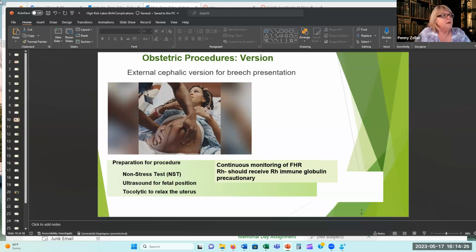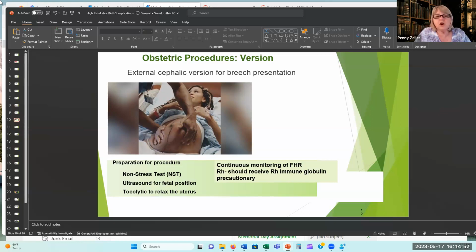Number one, she needs to have a non-stress test first. At the last minute we do an ultrasound right before the procedure, and then give her a tocolytic, something to relax the uterus. During the procedure, we're going to monitor the fetus.